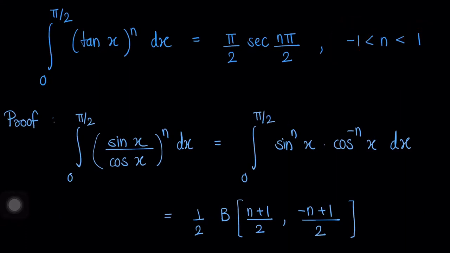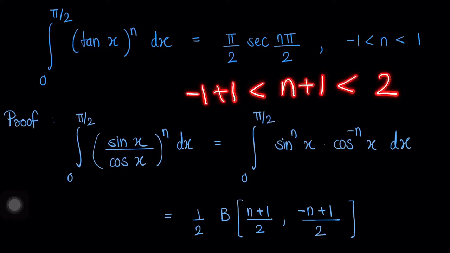So the value of n plus 1 by 2, okay, this lies between 0 and 1. Since our n lies between -1 and 1, if we add 1, then we will have -1 plus 1 less than n plus 1, less than 1 plus 1, that is 2.